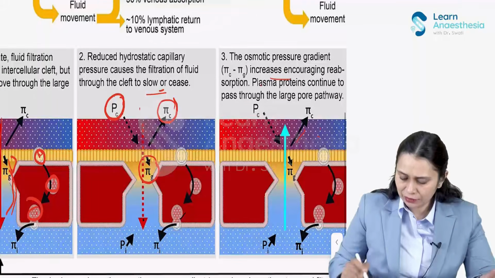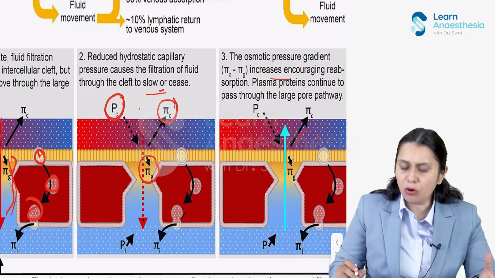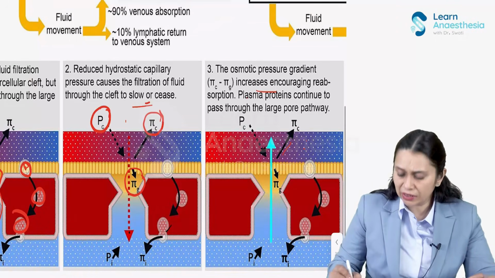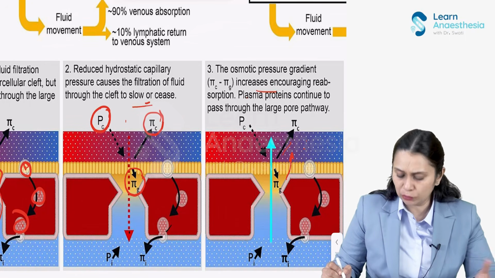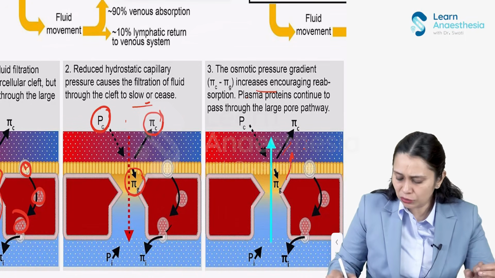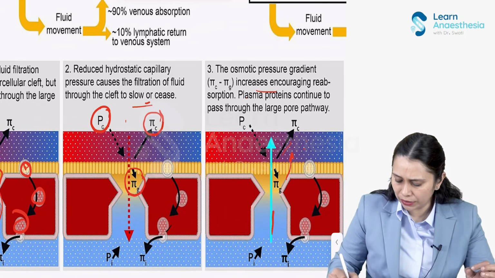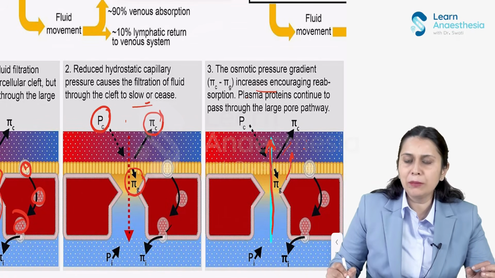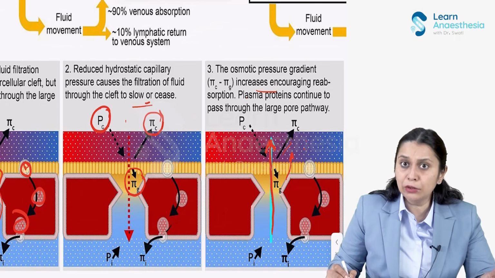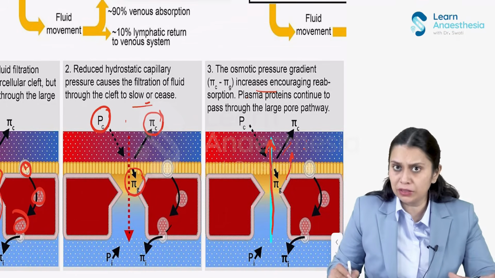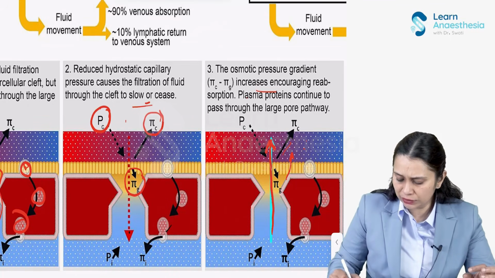When this difference in the oncotic pressure changes, this encourages the reabsorption of plasma protein in the subglycocalyx layer, and this causes movement of the fluid across the membrane into the lumen of the vascular endothelium. So it goes in the lumen.